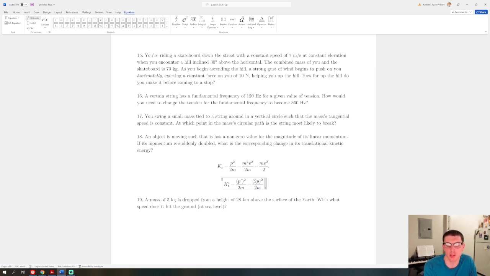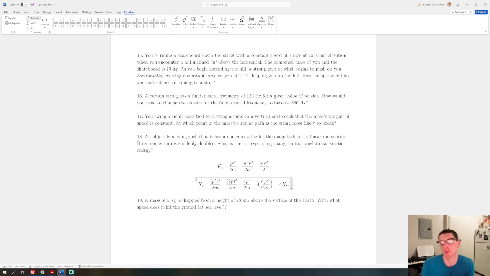So what we find is that this is 4p squared over 2m, and then we just pull this 4 out in front. 4 is what we multiply p squared over 2m by, and this is just 4 times the original translational kinetic energy.